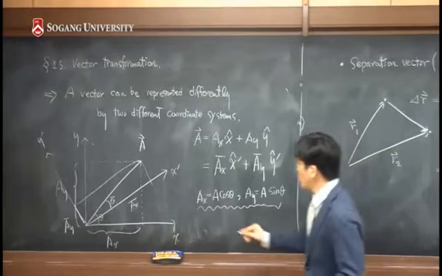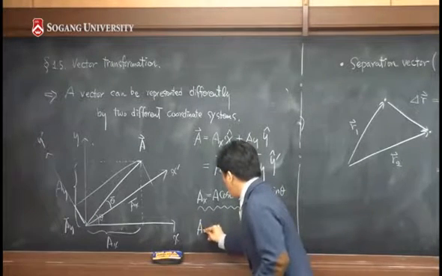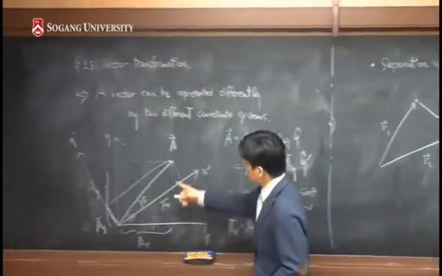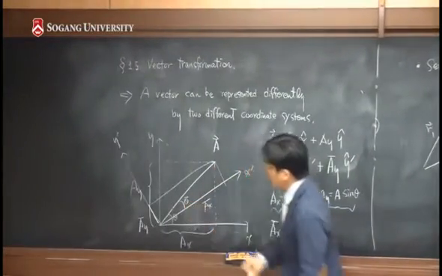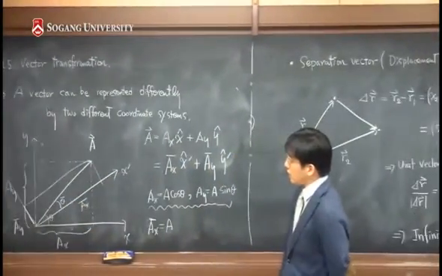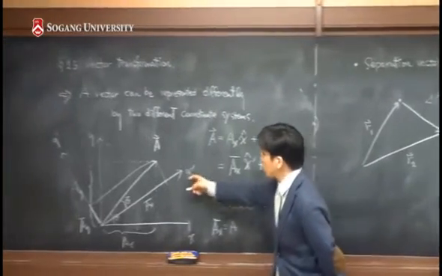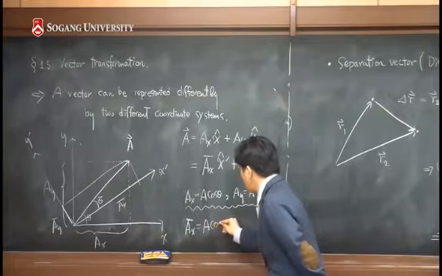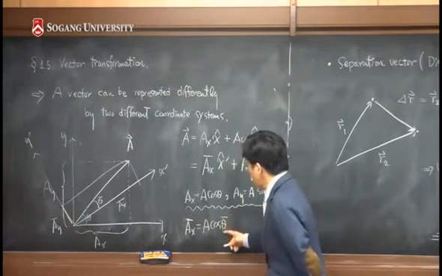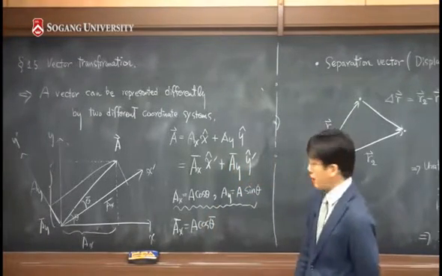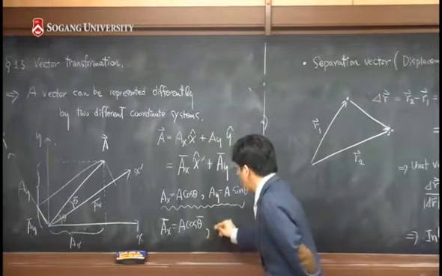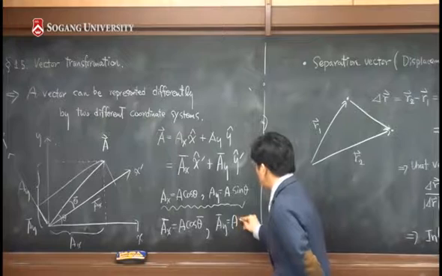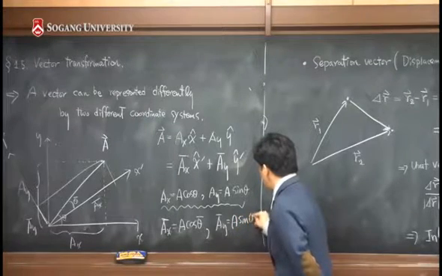While for ax bar it will be the magnitude of a, and since the angle is theta bar, the projection to the x prime direction will be cosine theta bar, whose value is not the same as theta. And ay bar, in this case, will be a times sine theta bar.